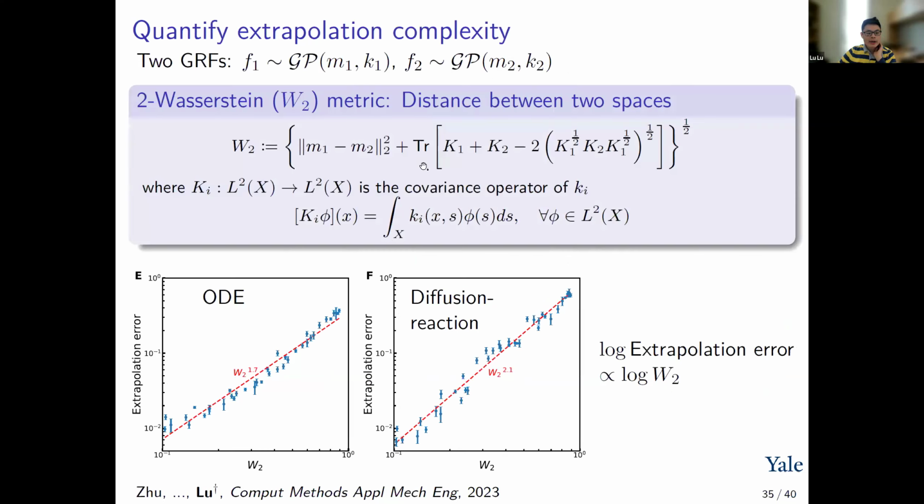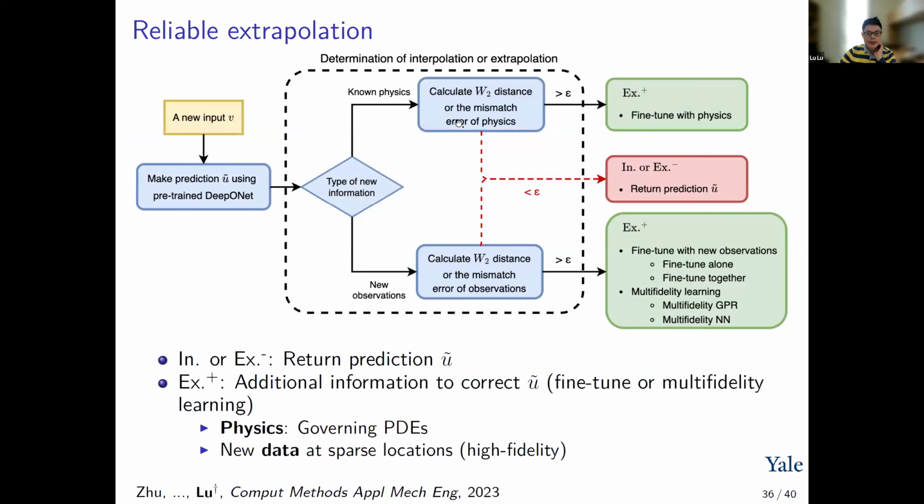Then by using this W2 metric, we can first quantify the level of complexity of extrapolation. Do we have a lot of extrapolation or just a small extrapolation? We can set a threshold epsilon. If it's interpolation or a small level of extrapolation, then we are roughly confident that our prediction U tilde is accurate, and we can return U tilde directly.